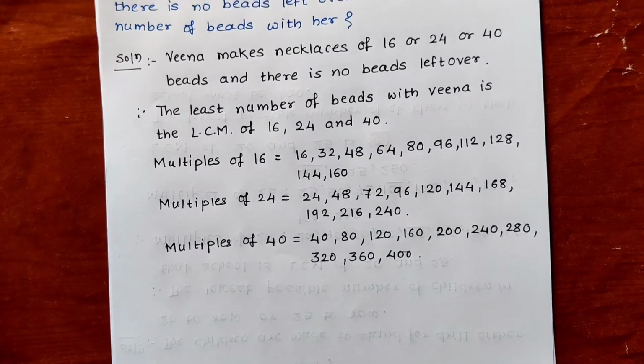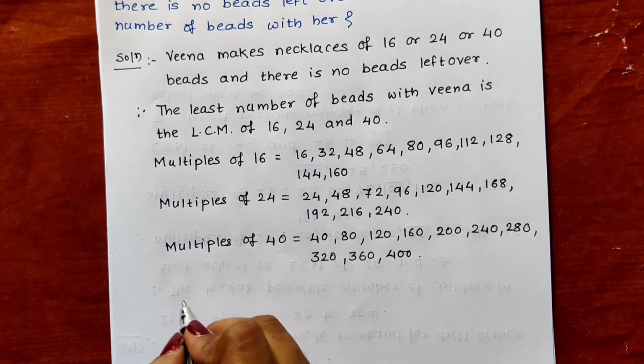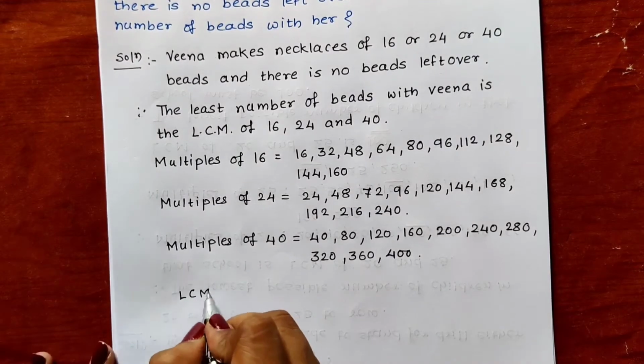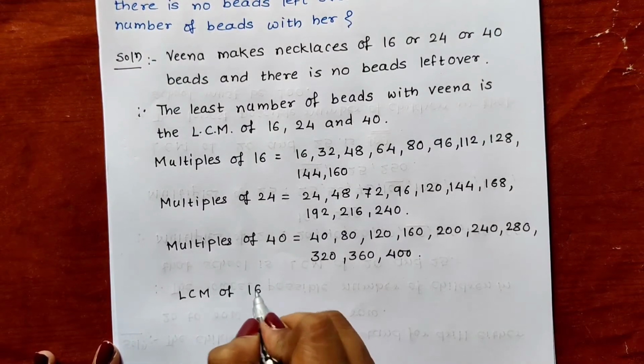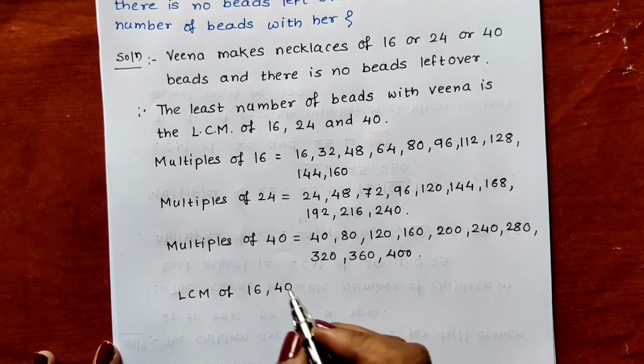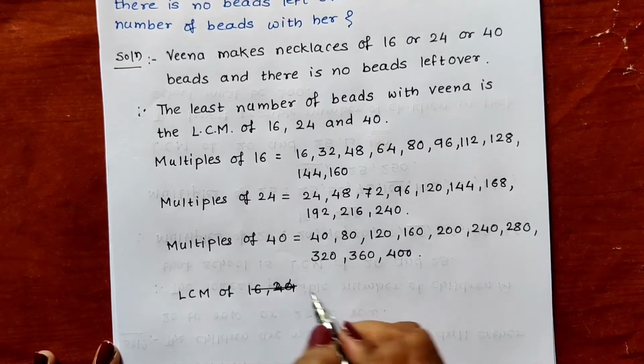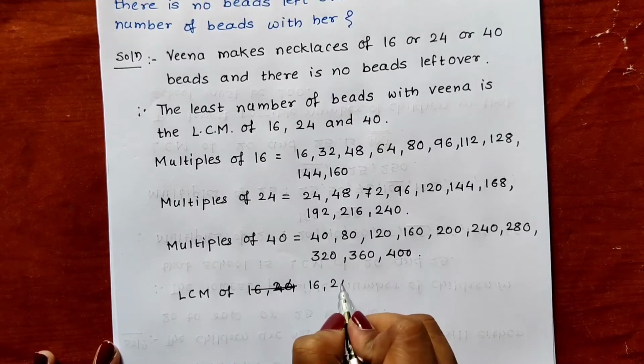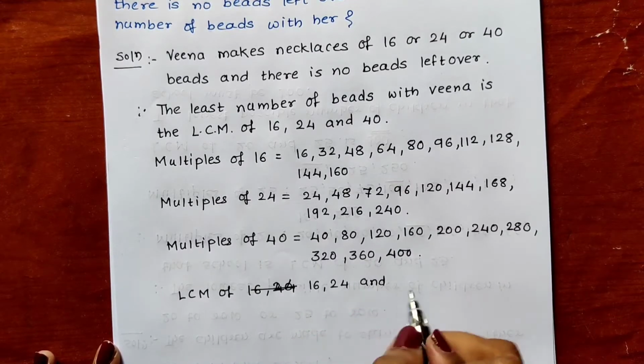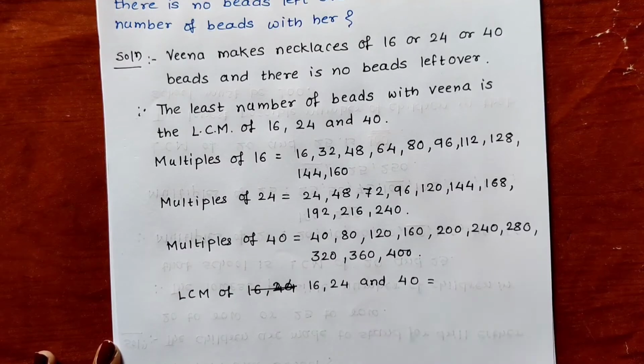Now let us check the least common multiple, the LCM, of 16, 24 and 40. Okay, I write once again 16, 24 and 40. Find out.